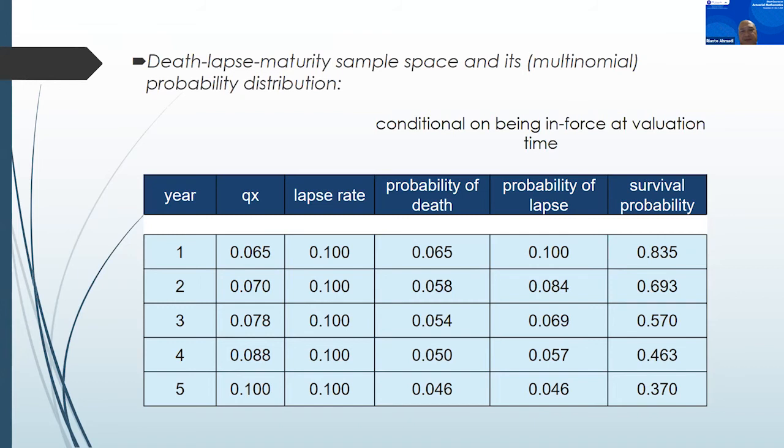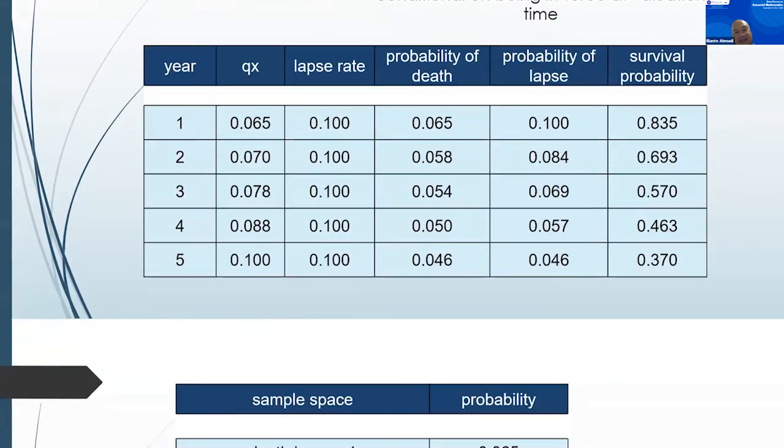So those are the sample space with the corresponding probabilities. We have the death probabilities, the lapse probabilities, and for maturity, we're going to use that survival probability until the end of the fifth year, which is 0.37 there. So this is basically something like a multinomial random variable. So let's get to the next slide.